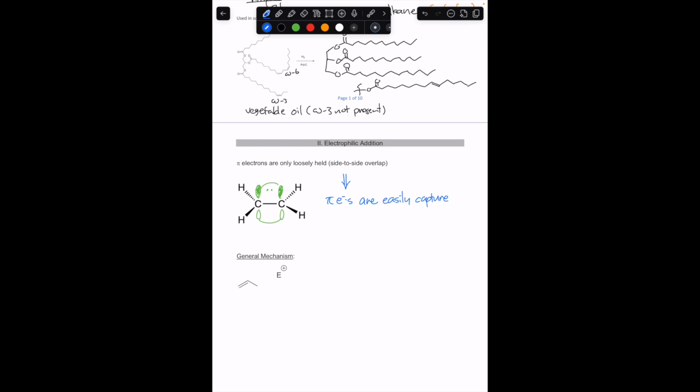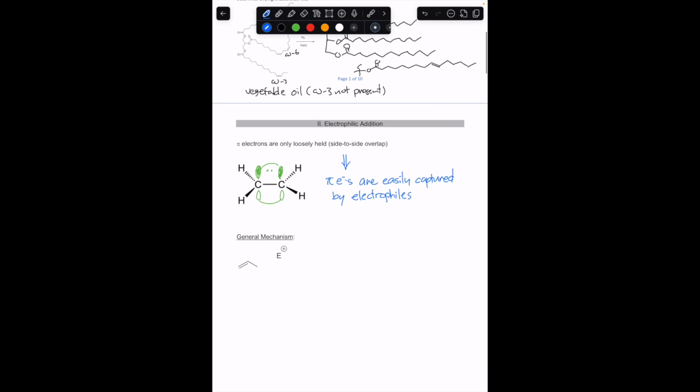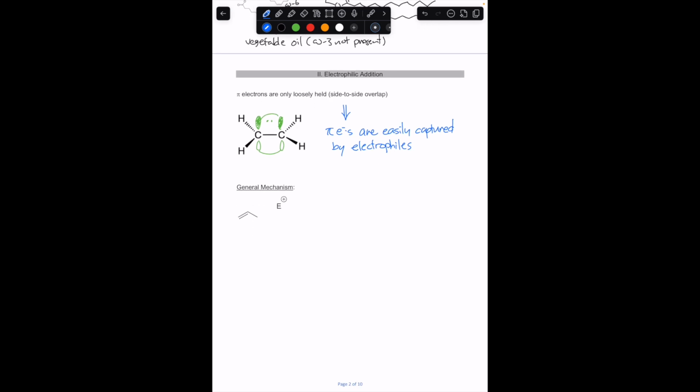Because they're not as well supervised, or they're not as tightly held by the orbitals or atoms. Okay, so electrophiles, if you think of them as looking for electrons to kidnap, much better candidates would be pi electrons, not sigma electrons. So I hope that makes sense. And so here's the general mechanism. Sorry if I couldn't think of a more edifying example here, but electrophiles can capture the pi electrons like so.